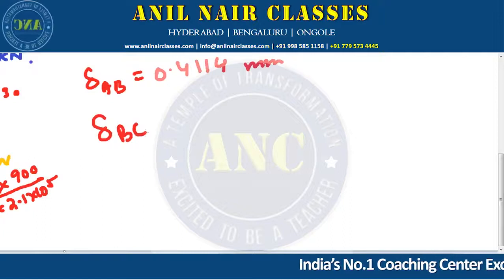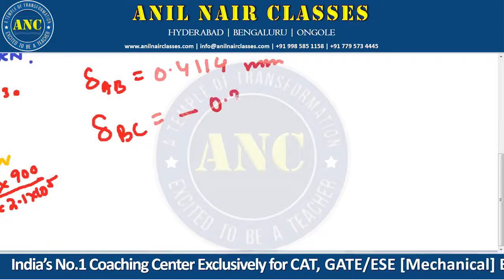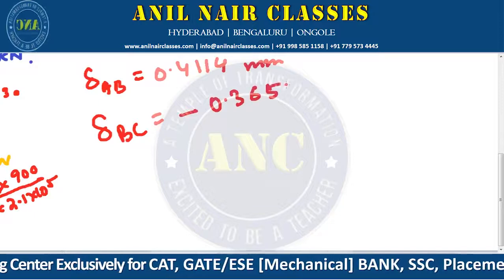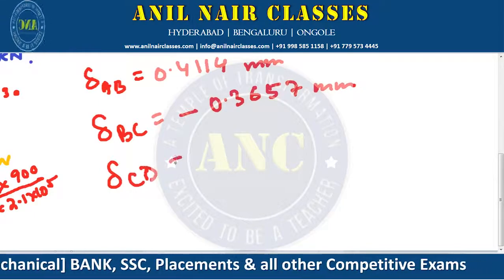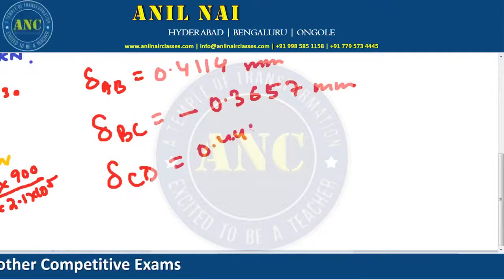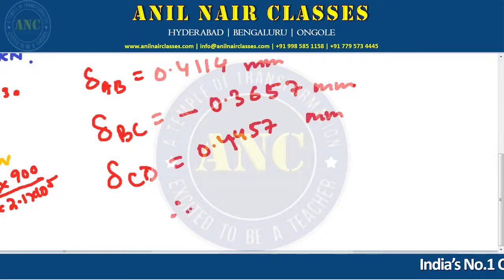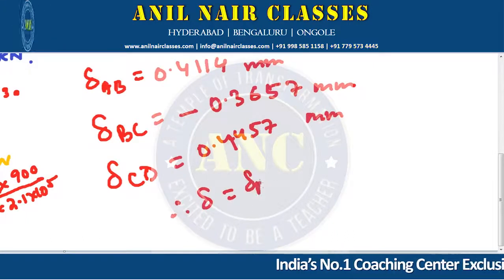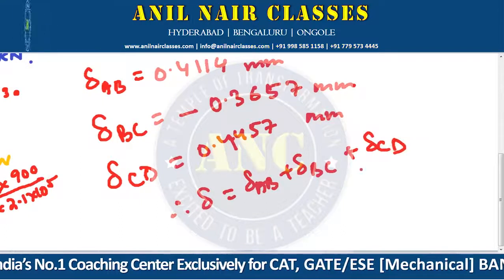Similarly, sigma in BC, that is extension in BC, will get it minus 0.3657 mm. Similarly, extension in CD will get it as 0.4457 mm. Therefore, total extension is nothing but AB plus BC plus CD.